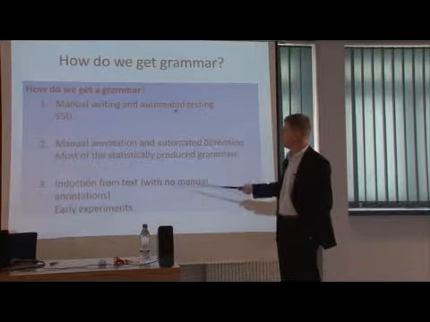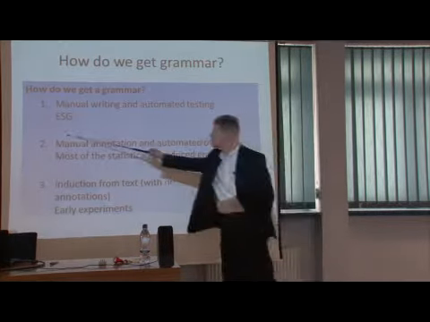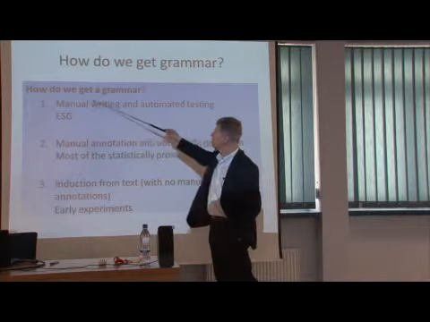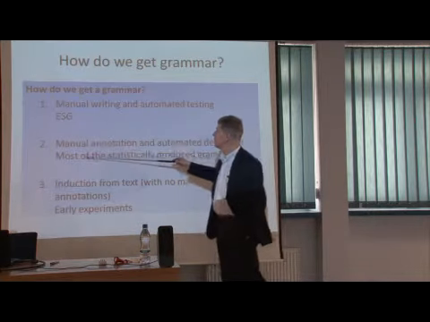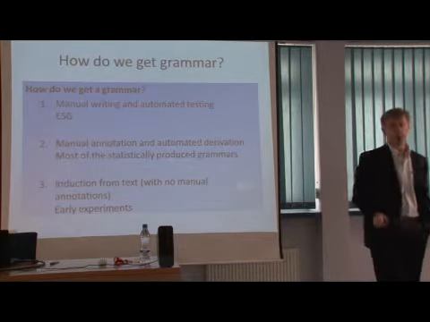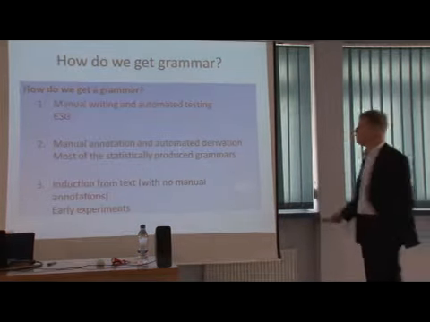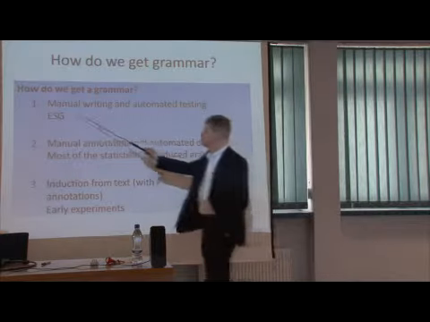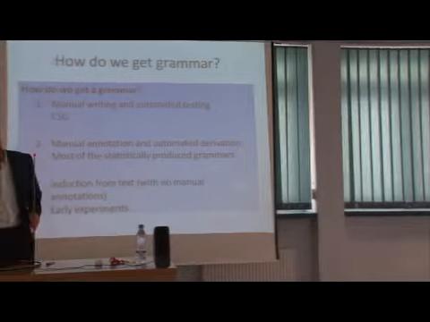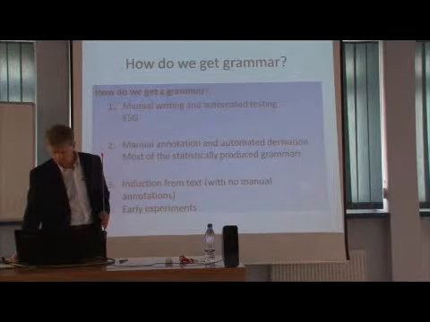In any case, I would say that some combination of manual annotation or manual writing with statistics seems to be the most promising approach right now, despite the fact that ESG seems to be the best grammar currently in production.